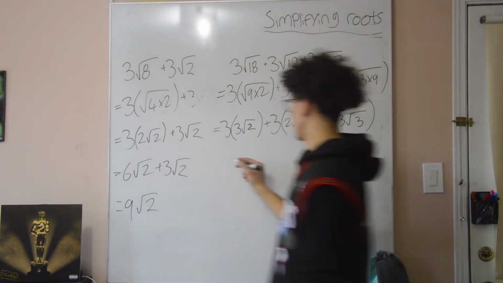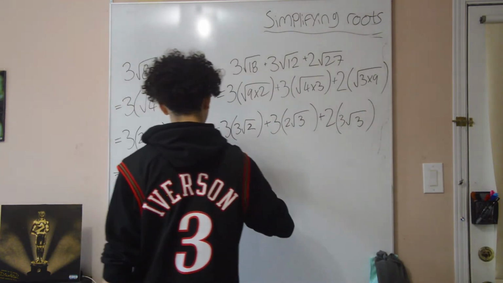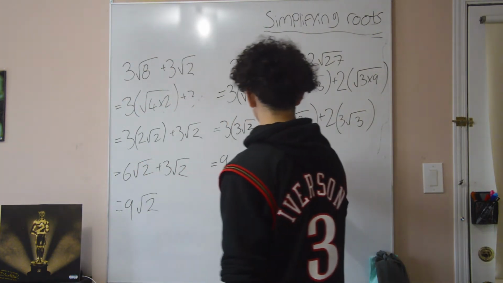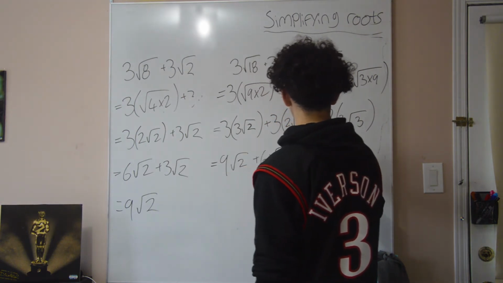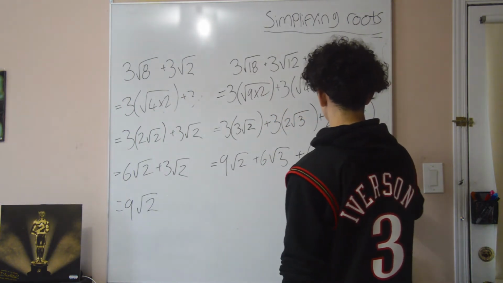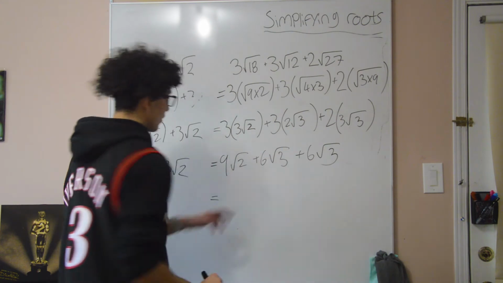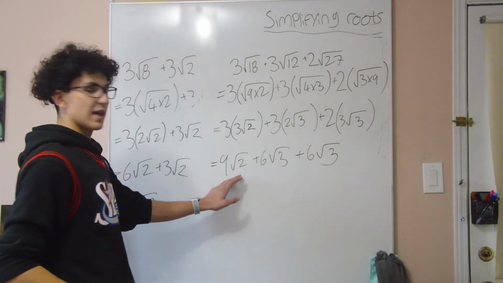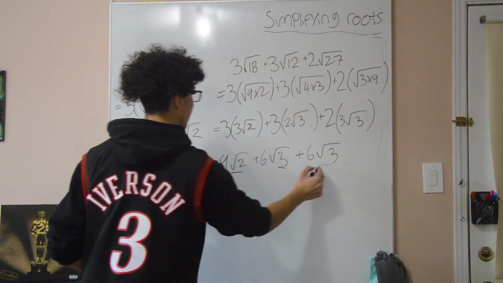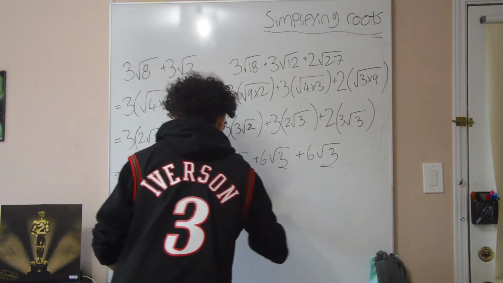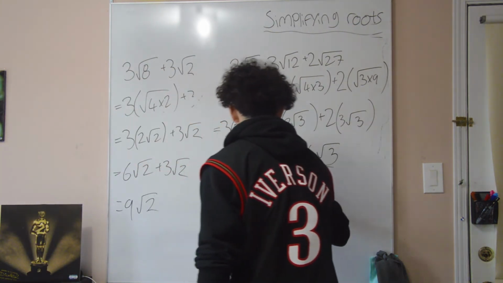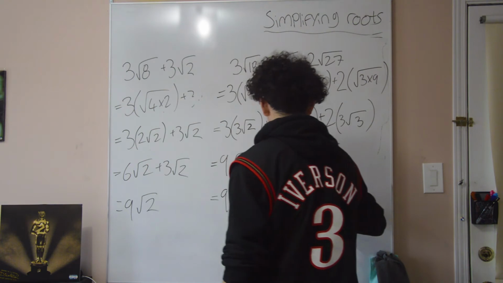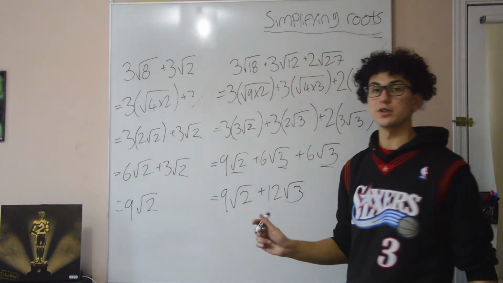Now from here we just multiply. 3 times 3 becomes 9 root 2 plus 6 root 3 plus 6 root 3. And from there, we can only add these two. We can't actually add this because it's different than the other two. So our final answer here becomes 9 root 2 plus 12 root 3, just like that.